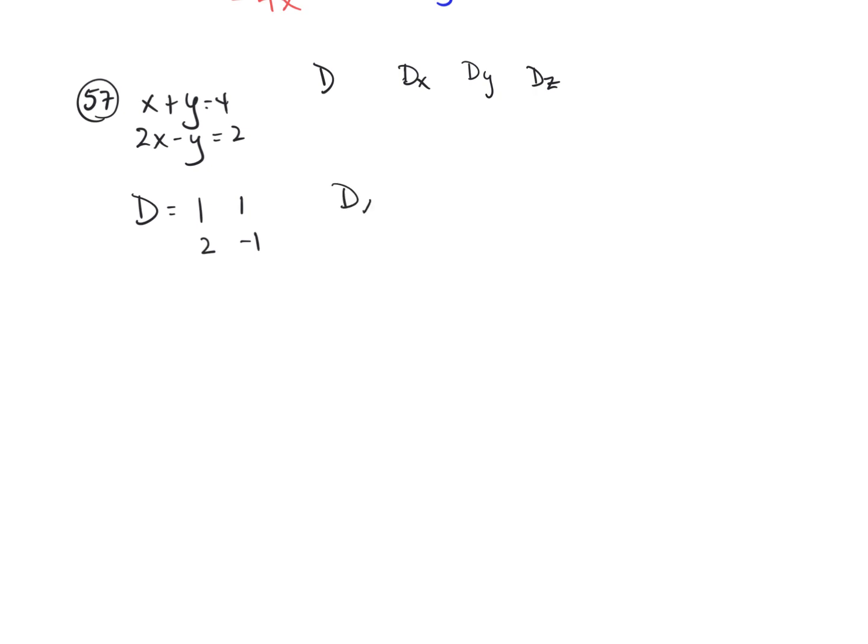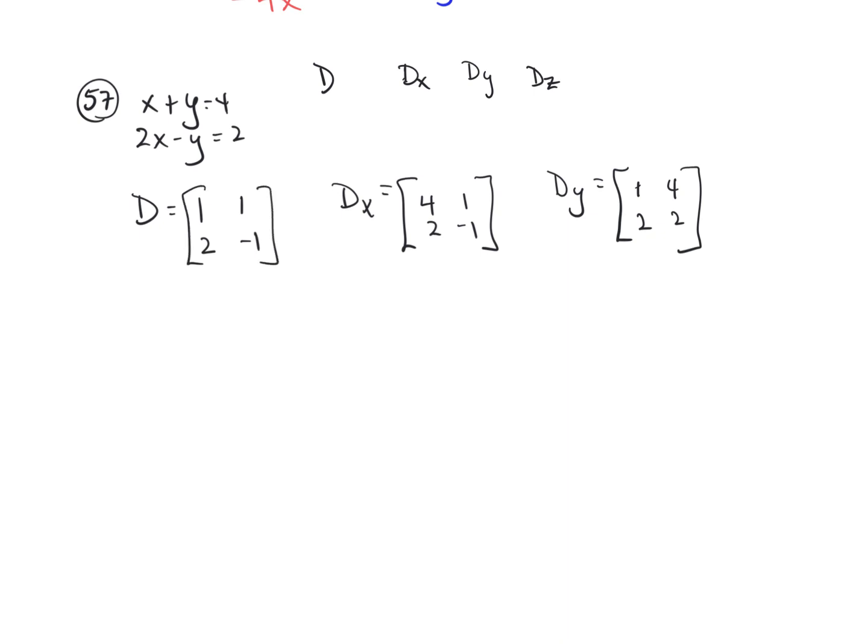D sub x is when you take your D matrix and substitute your x values with your constants. So we'll have 4, 2, 1, negative 1. And then D sub y, we take our determinant matrix, replace our y values with our constants.